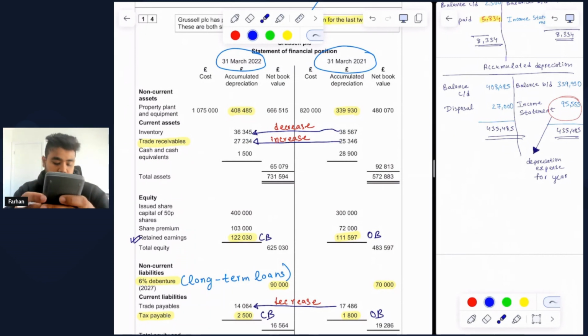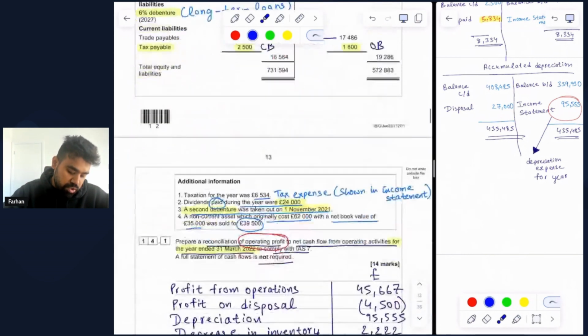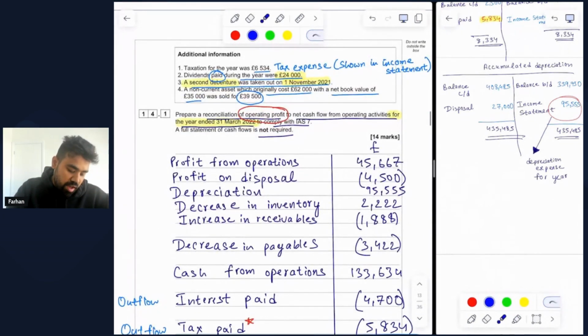So 38,567 minus 36,345, and the difference is 2,222. So inventory has decreased by 2,222 compared to previous financial year. And you can see I've explicitly mentioned here decrease in inventory of 2,222.